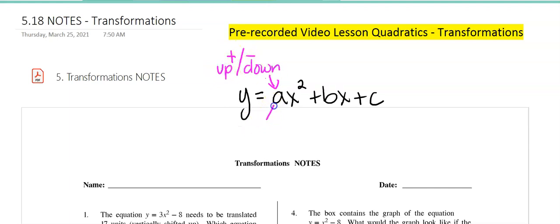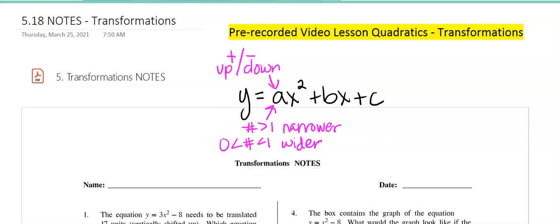The other thing is if it is a number greater than 1, that actually makes it narrower. And if it's a fraction between 0 and 1, it actually makes it wider, which is a little bit opposite of what you would think.